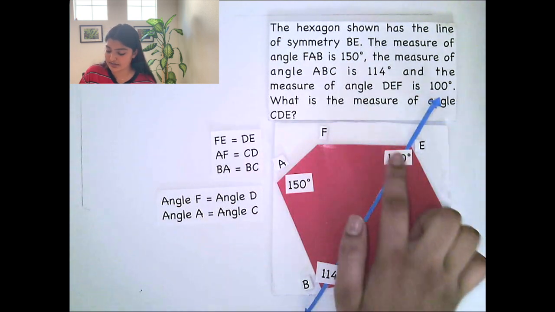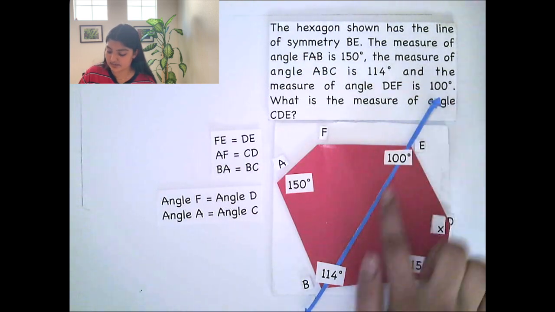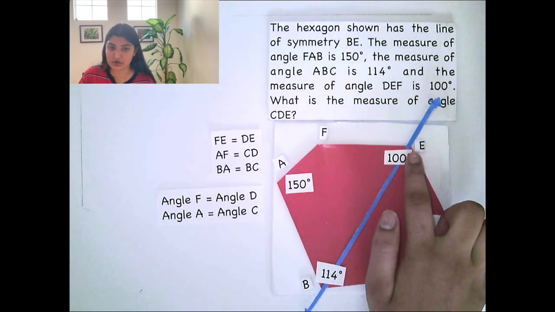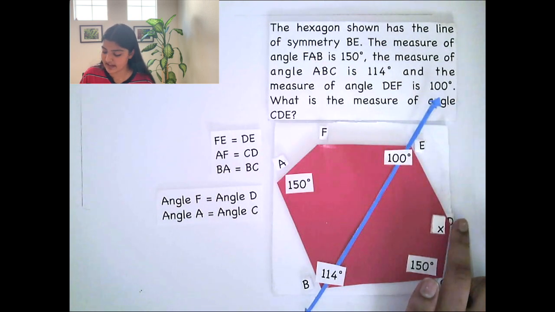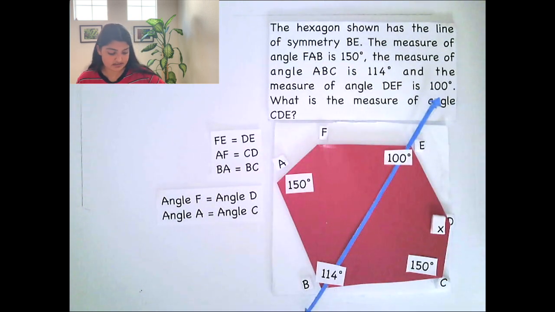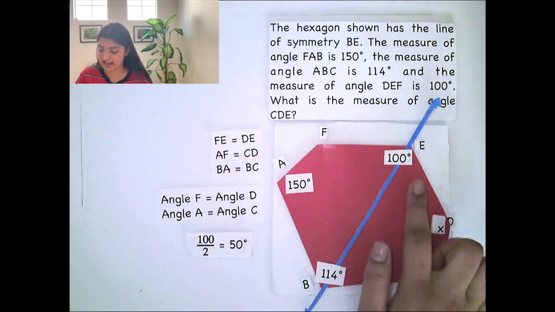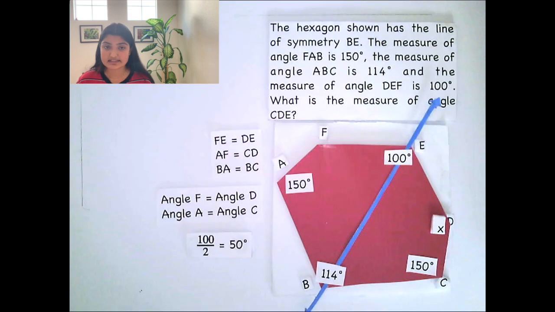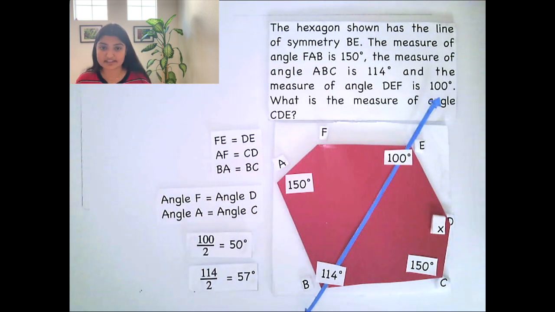As we know, the measurement of angle E is 100 degrees, and the line of symmetry bisects this angle directly in half. We know that the measurement of angle DEB can be found by dividing 100 by 2 to get 50 degrees. Similarly, we can find the measurement of angle EBC by dividing 114 by 2 to get 57 degrees.